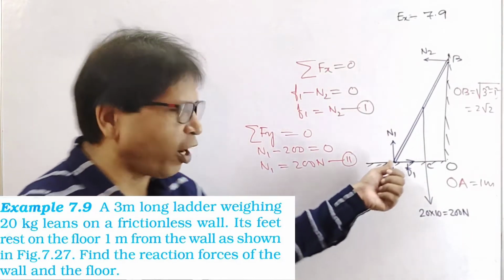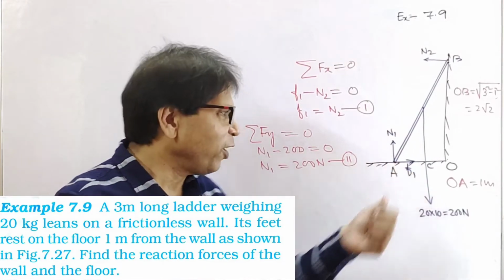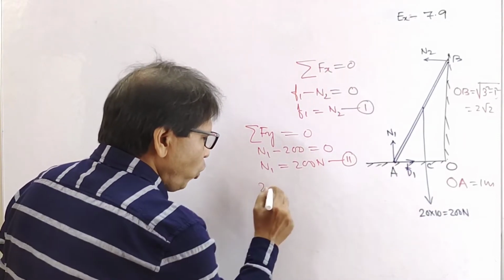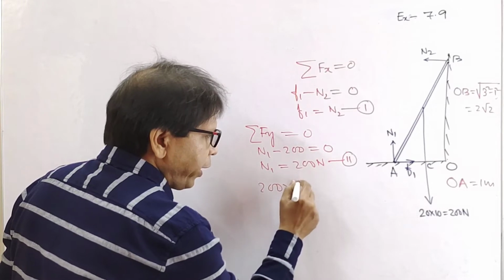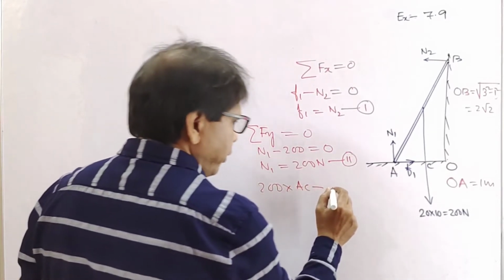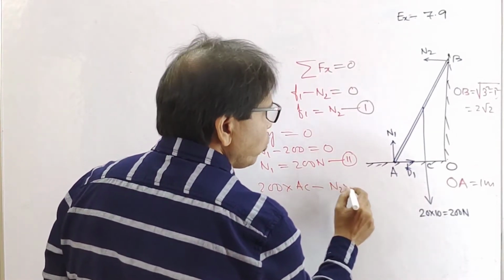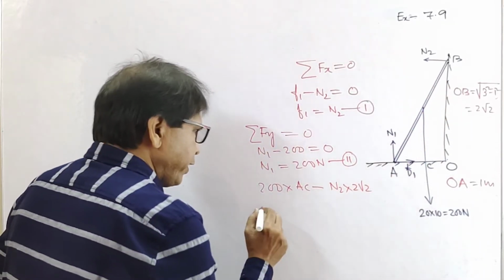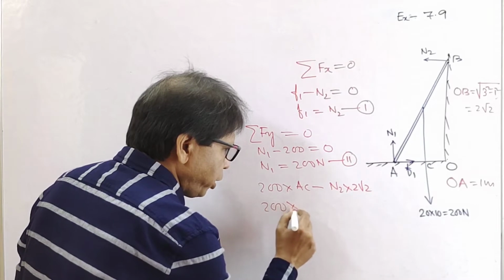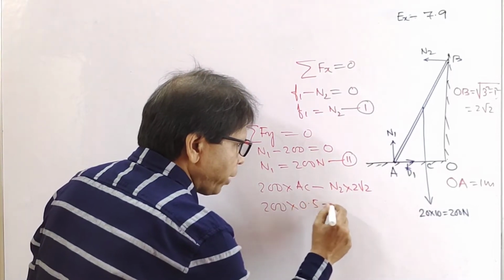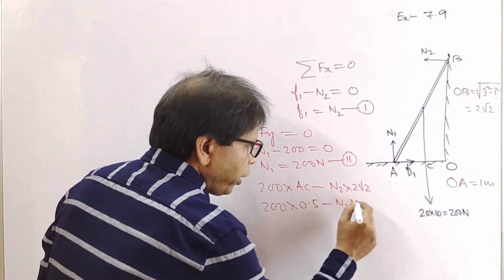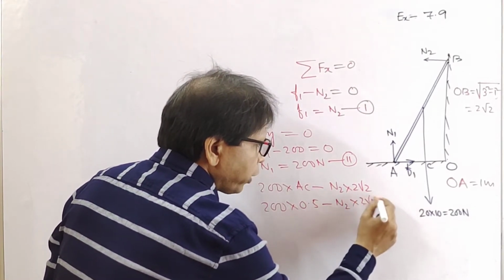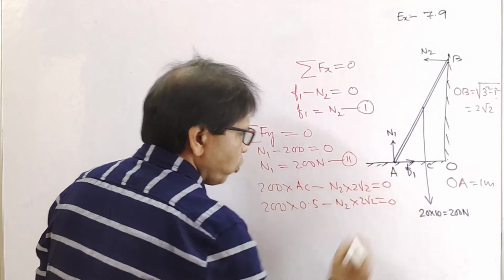Now considering torque about A: 200 Newton into AC minus N2 into 2 root 2, that is OB. So 200 into AC, which is 0.5, minus N2 into 2 root 2 into 2 root 2 equals 0.